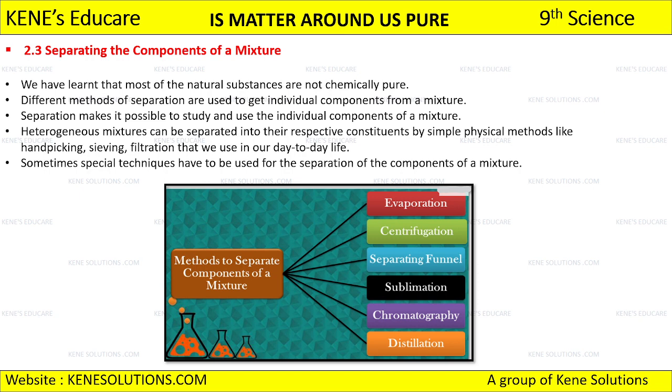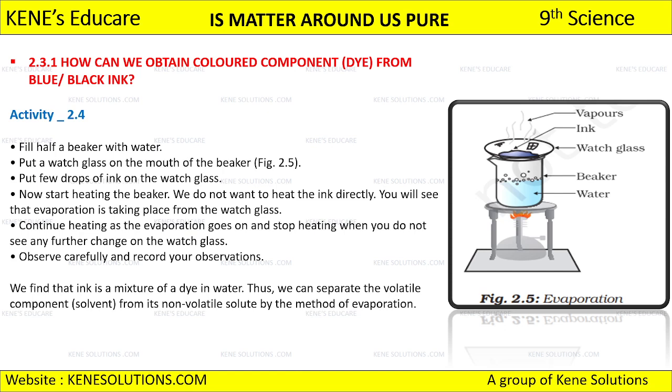The methods to separate components of a mixture include evaporation, centrifugation, separating funnel, sublimation, chromatography and distillation. So there are six different names given, which can be used to separate the components of a mixture. Now we are going to study each and every method with an activity.